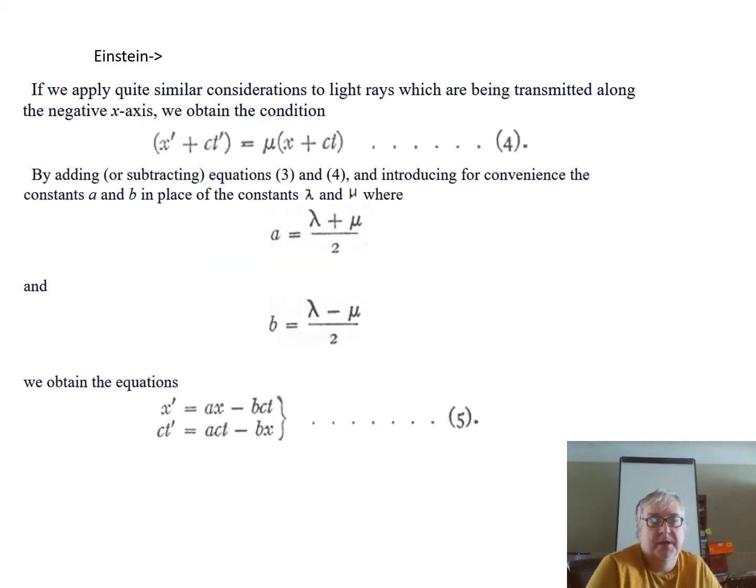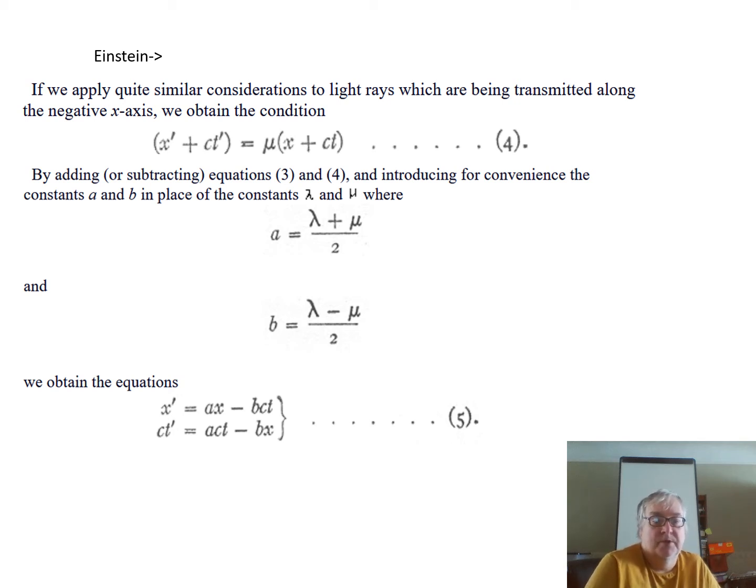Einstein, however, continues. If we apply quite similar considerations to light rays which are transmitted along the negative x-axis, we obtain the condition x prime plus ct prime equals mu, another Greek letter, all times x plus ct, and that's equation 4.